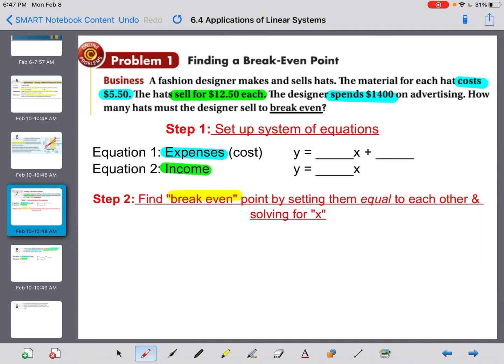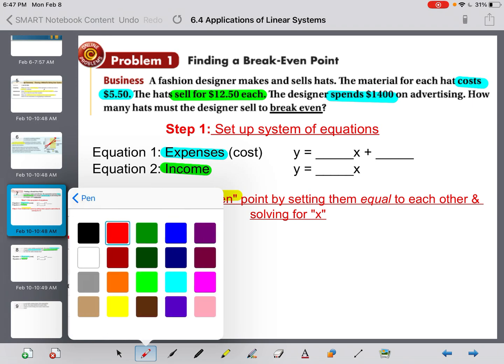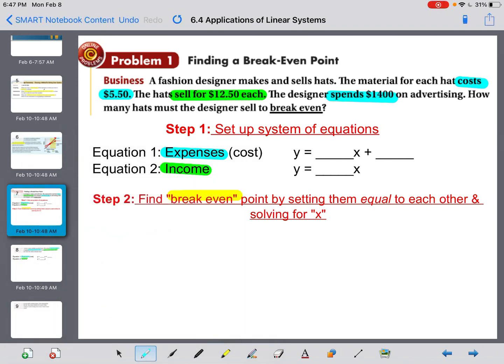For these break-even questions, we're always going to write two equations. The first one will always be about the expenses or the costs, how much they had to spend to make this happen. The second equation will always be about income, or how much money they are making when they sell these products. So we're going to look through our word problem and find any expenses. Those are these blue things, costs.